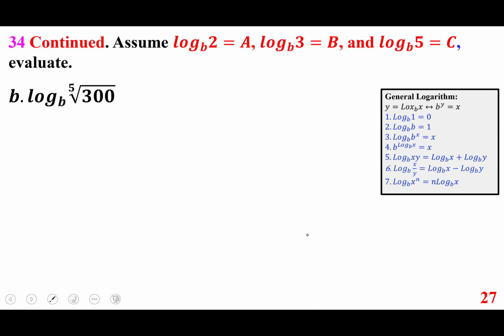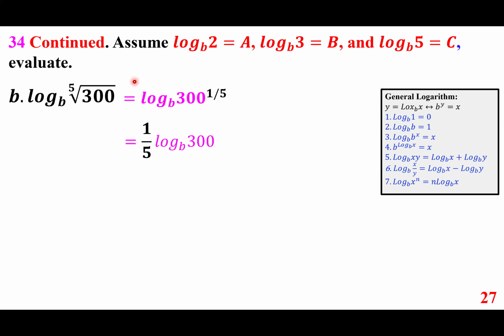Well, first and foremost, we are going to write the fifth root of 300 as 300 to the power of 1/5. Then we are going to look at number 7 and say, okay, we're going to use the power rule and we put the 1/5 in front.